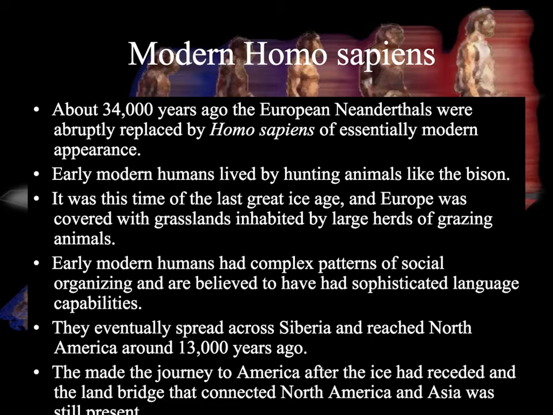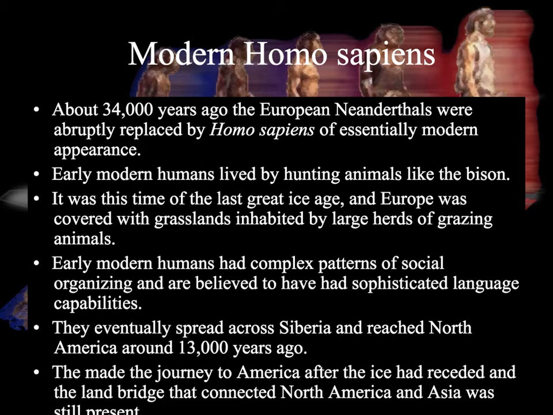The modern humans were big game hunters. They would chase and hunt bison all over Europe and Asia. They also had a complex social organization, and we know for a fact they had a specific language that was very sophisticated.